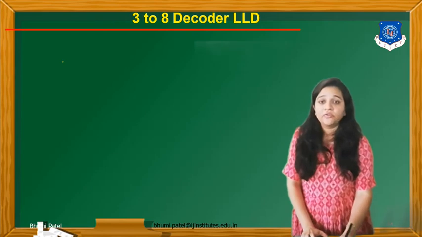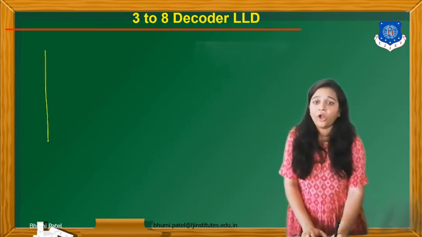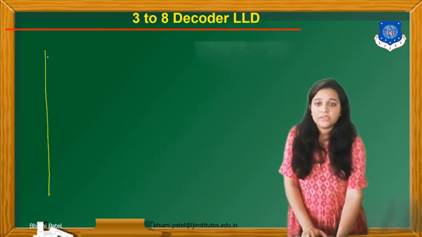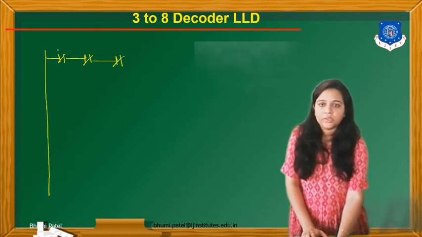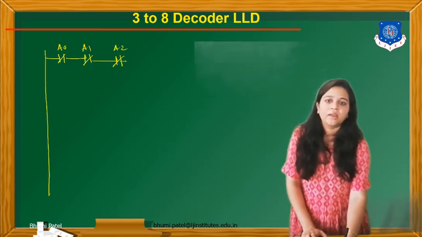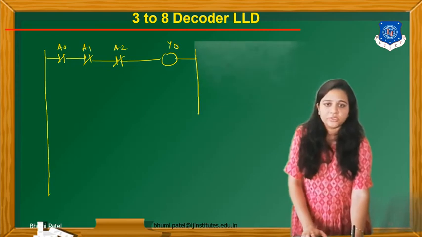What is the condition for Y0? If all the inputs A0, A1 and A2 are low, we get the output Y0. So this is my first output.